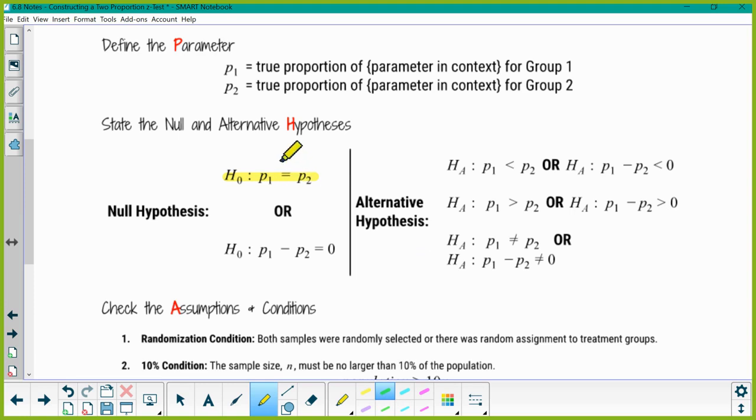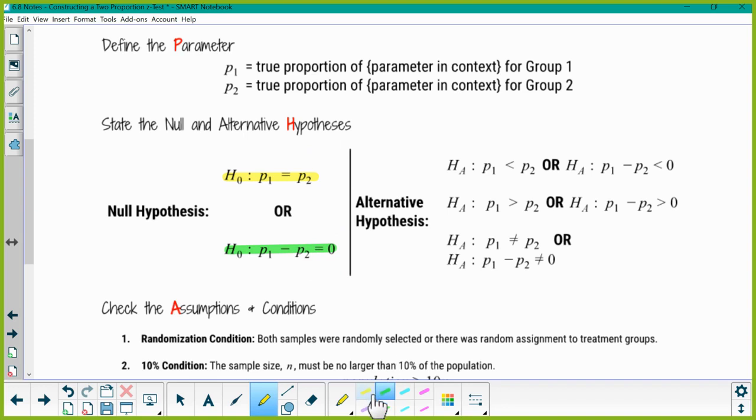You could write P1 is equal to P2, or you could say P1 minus P2 is equal to 0, meaning that there's no difference in the two proportions. They're the same statement. This just explains how our formula gets created a little bit more. Sometimes they'll give you the null and alternative written this way. Just know it's not different. If I were to add P2 to both sides, I'm going to get this equation.